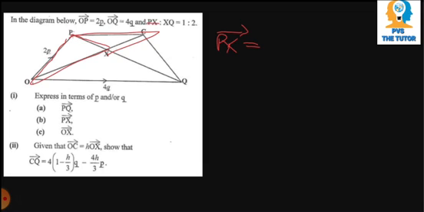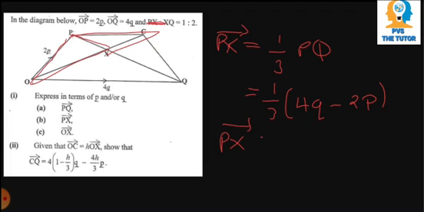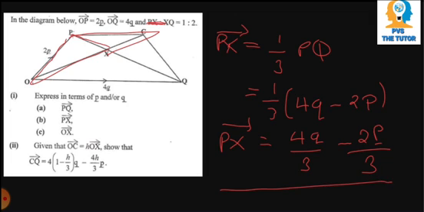We know that PX is in the ratio of 1 over 3 with the PQ. And we just found PQ being 4Q minus 2P. So PX is equal to 4Q over 3 minus 2P over 3. So take note of that as well.